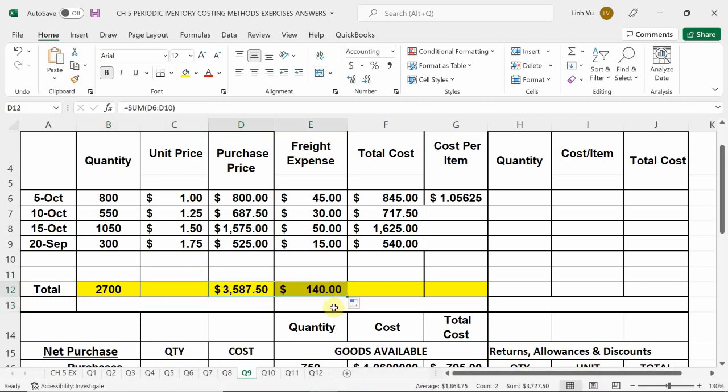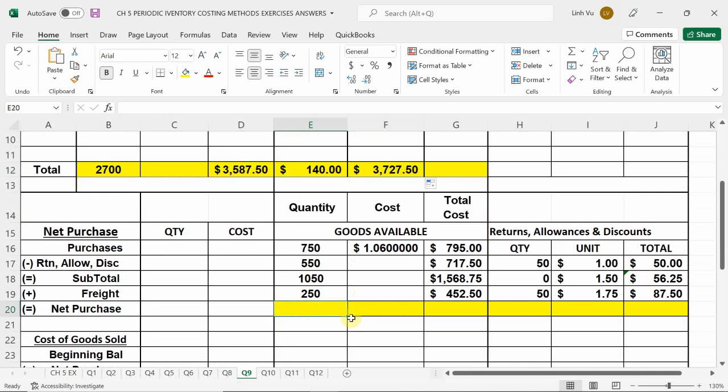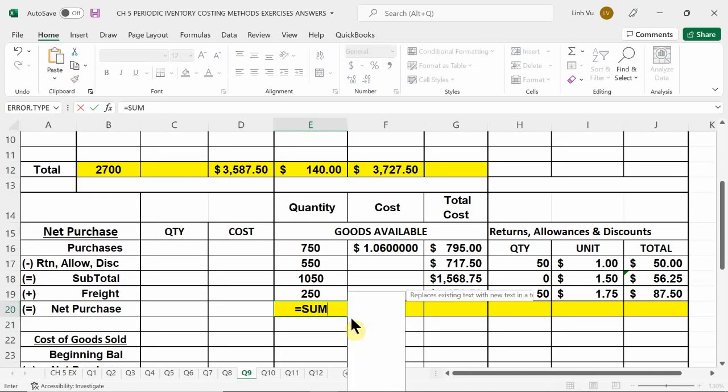$140. 140, bringing my total cost to be $3,727.50. Good. All right, so let's go ahead and tally up my goods available.